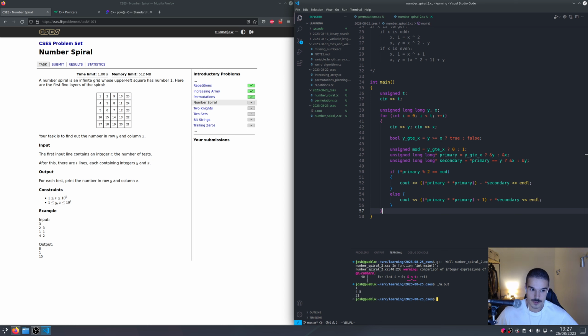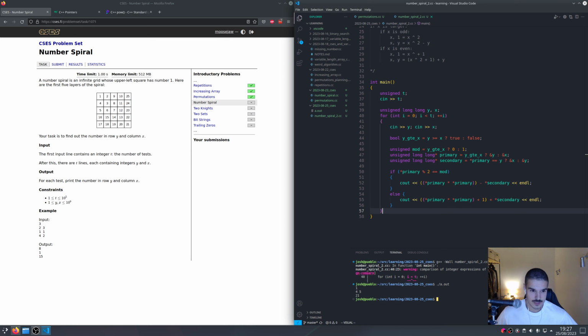So if it's, you always do want a minus when there, but otherwise you take the square number and you add 1 and then you add the secondary. Yeah, you do.